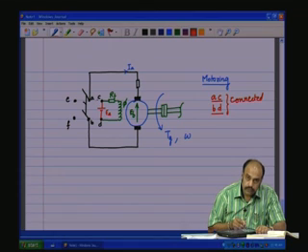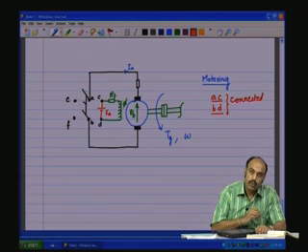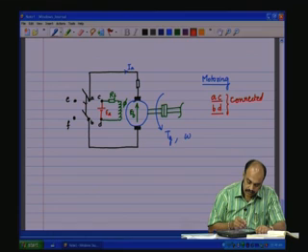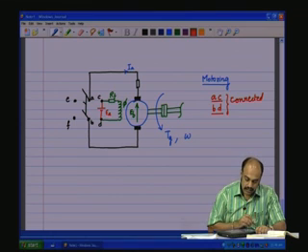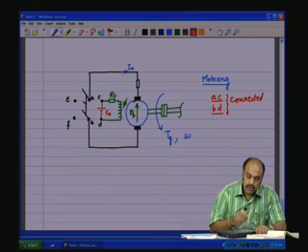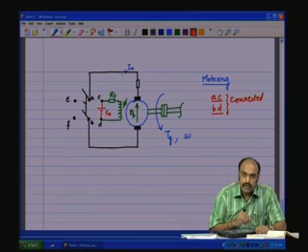Now, if we open this switch, disconnecting it such that A and C are open, B and D are open. Under such condition, there is no IA flowing, which means IA is equal to 0.